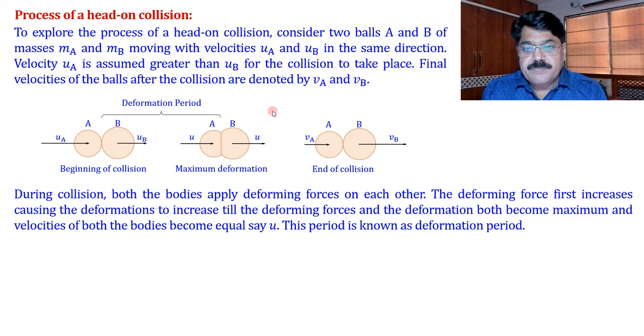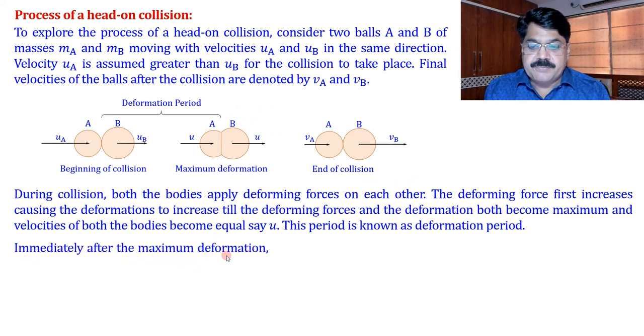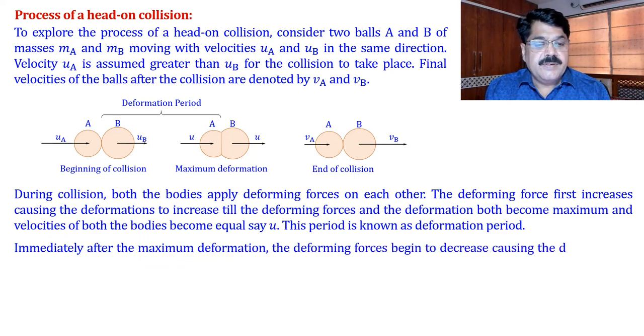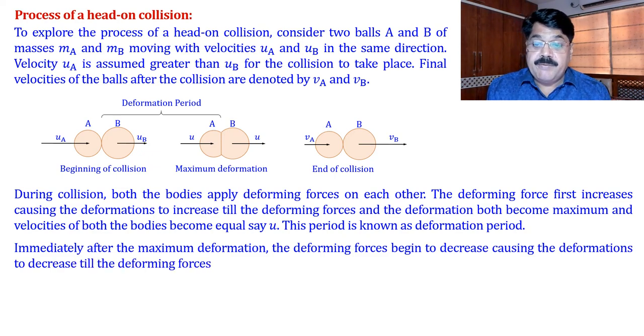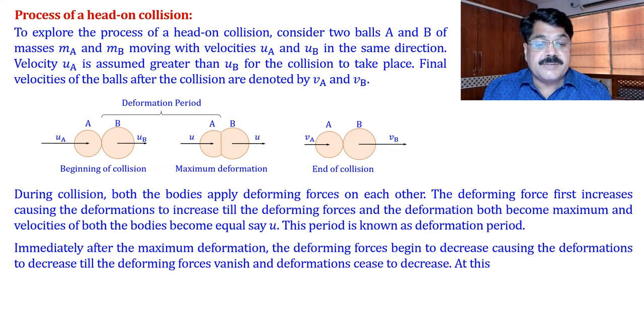And after that, the deforming forces start decreasing, and deformation will start decreasing from maximum deformation, till the moment when interaction between the bodies ceases, or end of collision. This period is called restitution period. So let us see, immediately after the maximum deformation, the deforming forces begin to decrease, causing the deformations to decrease till the deforming forces vanish and deformation ceases to decrease.